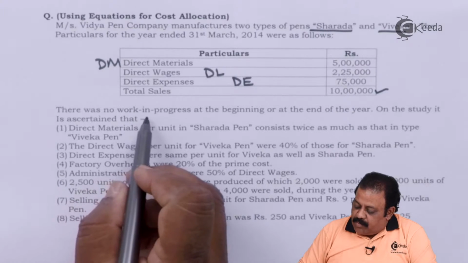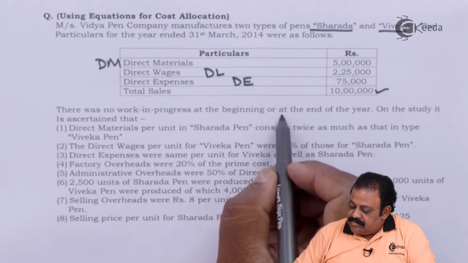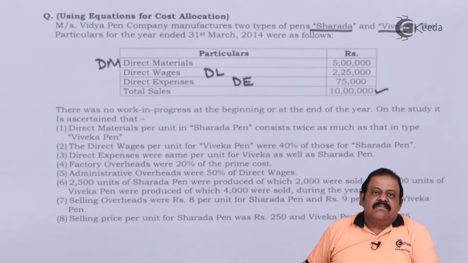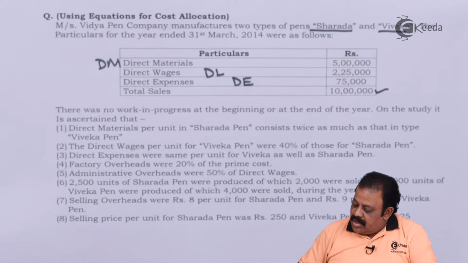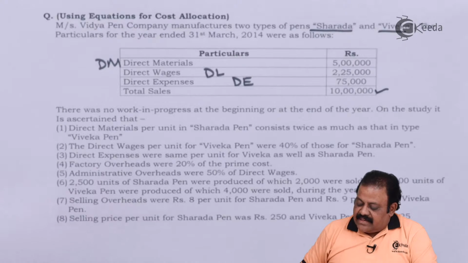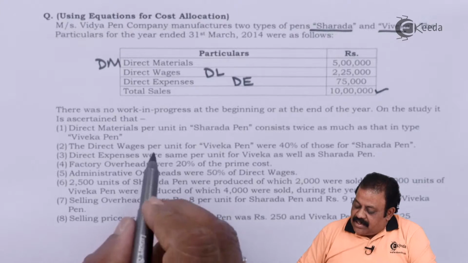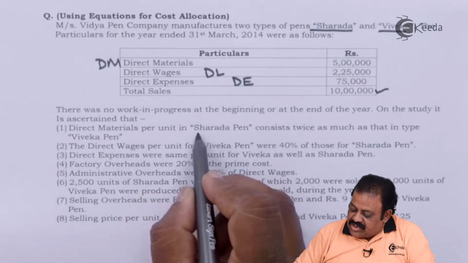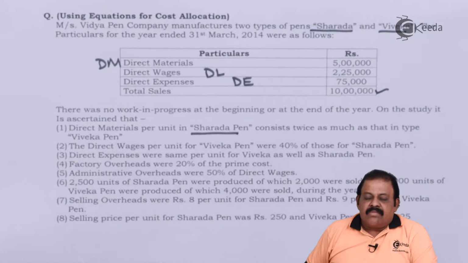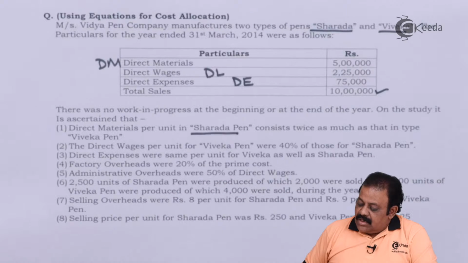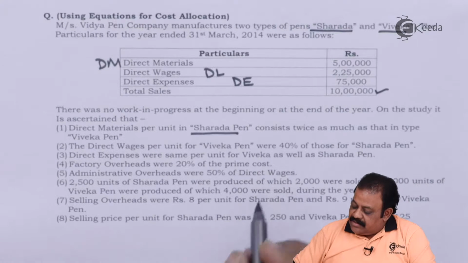There was no work in progress at the beginning or at the end of the year. So there is no involvement of work in progress stock. On the study, it is ascertained that direct material per unit in Sharda Pen consists twice as much as that in type Viveka Pen.